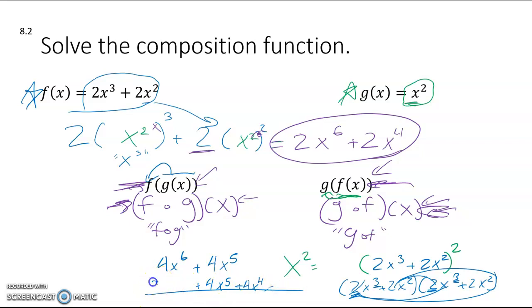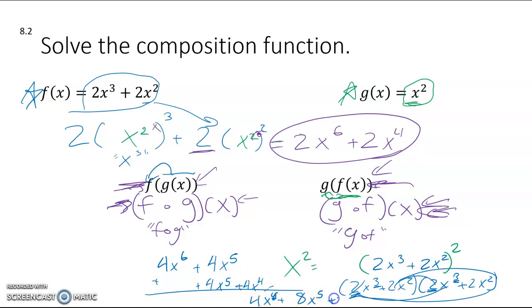All right. If I add those together, the 4x to the 6th stays the same. 4x to the 5th plus 4x to the 5th, that gets me 8x to the 5th. Let me get this written down here. 8x to the 5th.